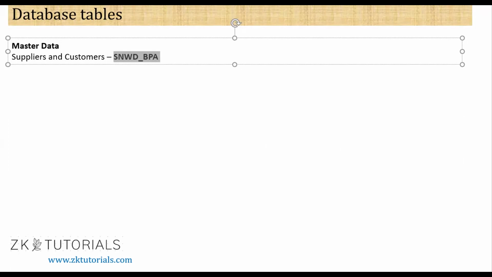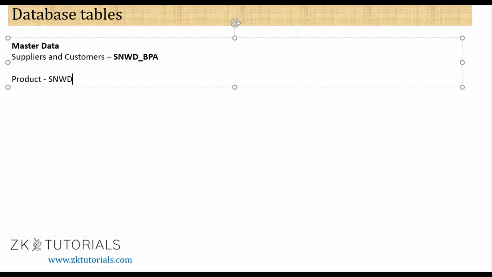Okay. The second table which we have is a product table. This table is named SNWD underscore PD. Product table once again, SNWD underscore PD.